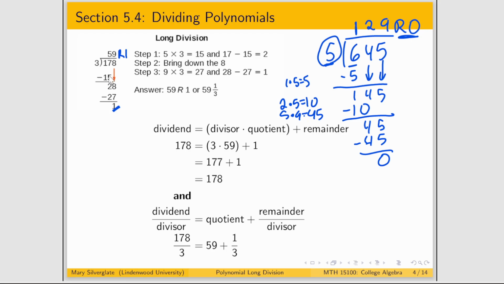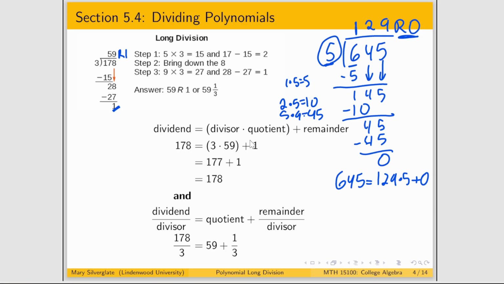We can take this one step further and say, for example with 645, that 645 is equal to 129 times 5 plus my remainder, which is 0, which is true. 129 times 5 gives me 645. Same thing even with the one that had a remainder. 178 is equal to 3 times 59 plus my remainder of 1.